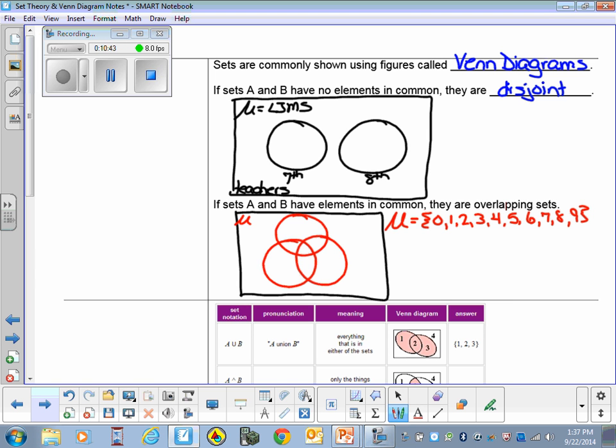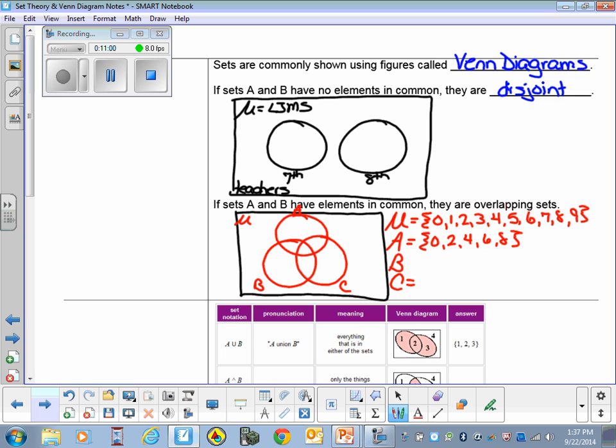Let's make set A the evens. So 0, 2, 4, 6, 8.